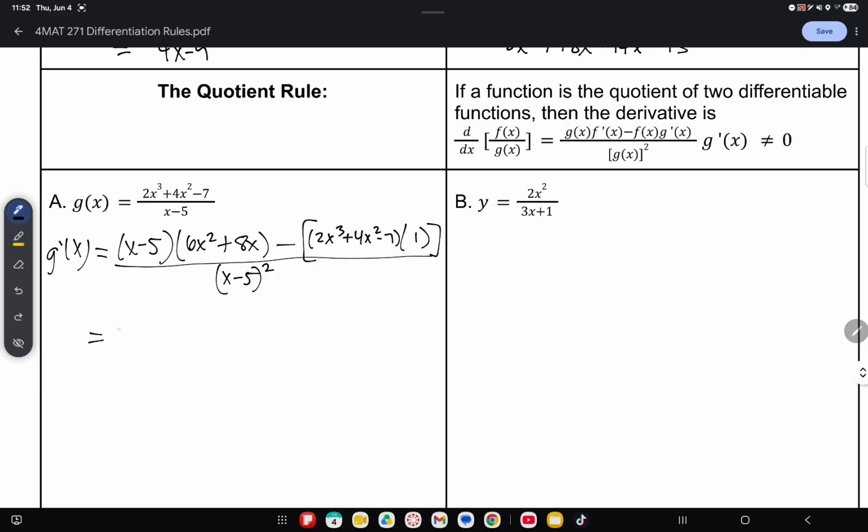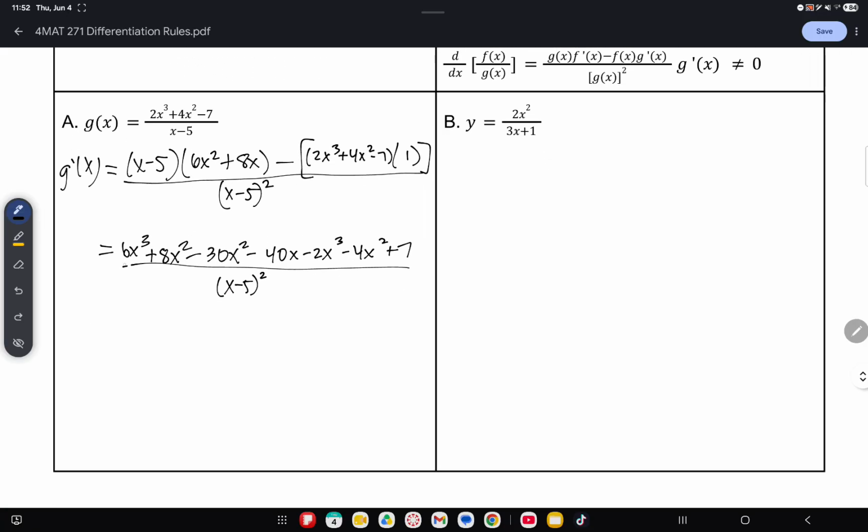And now we'll just do some simplifying. So let's see, we got 6x cubed plus 8x squared minus 30x squared minus 40x. And all of this right side is multiplied by 1, so I do just have to distribute that negative. So negative 2x cubed minus 4x squared plus 7 all over. And for the time being, I won't FOIL that out. And let's combine some like terms.